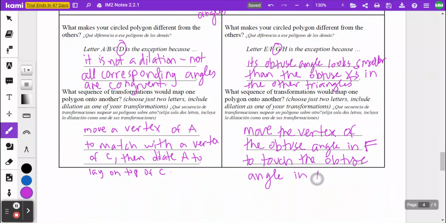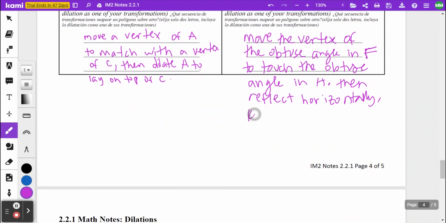H. Then reflect horizontally, keeping those angles touching.